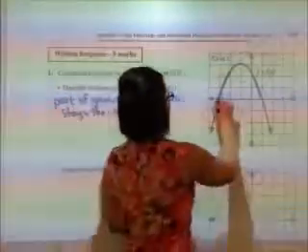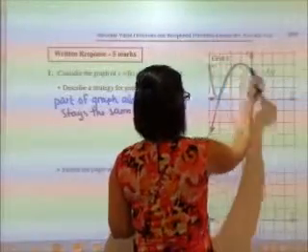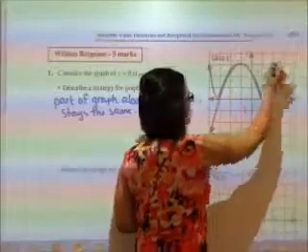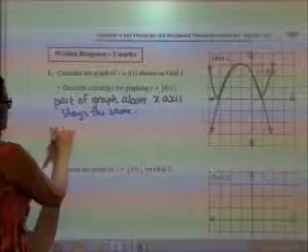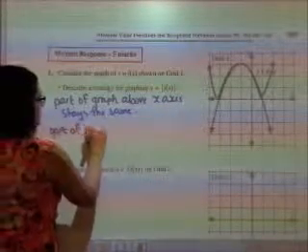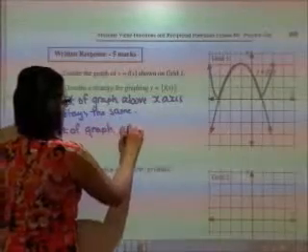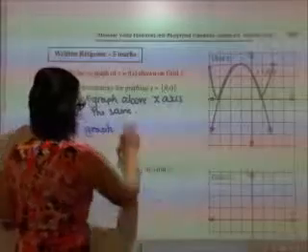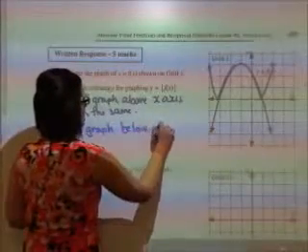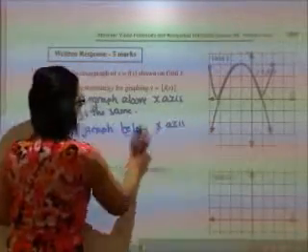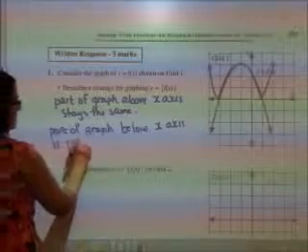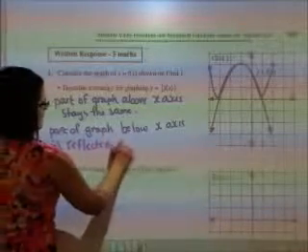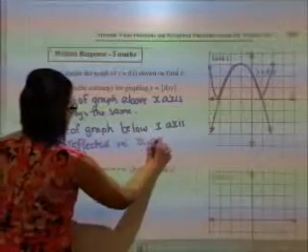I reflect it. And the same with the other side. So the part of the graph below the x-axis is reflected in the x-axis.